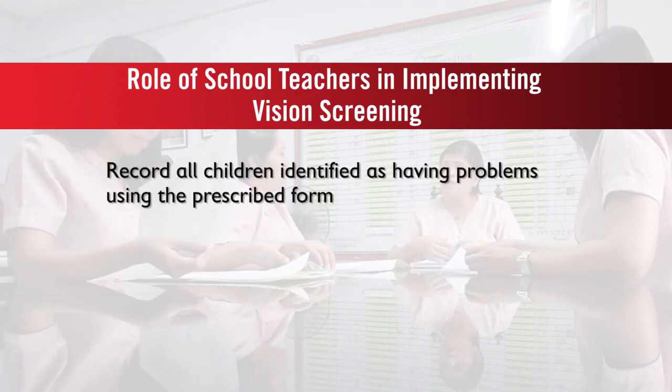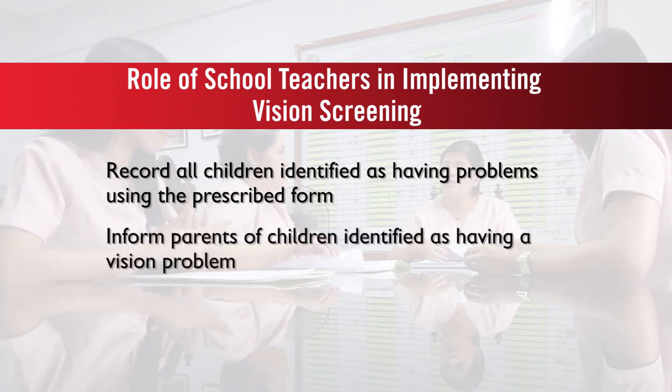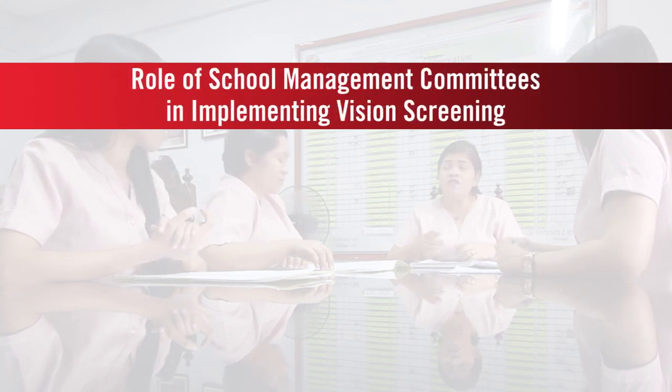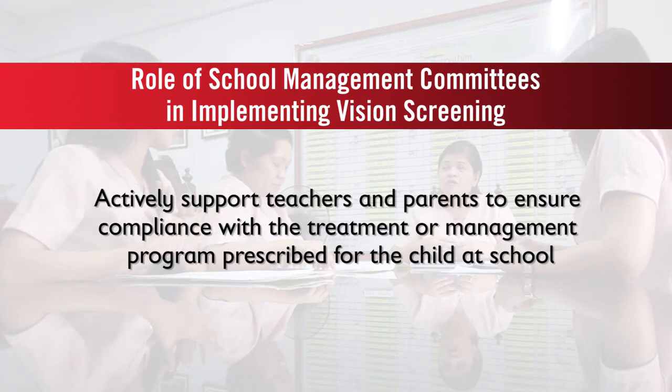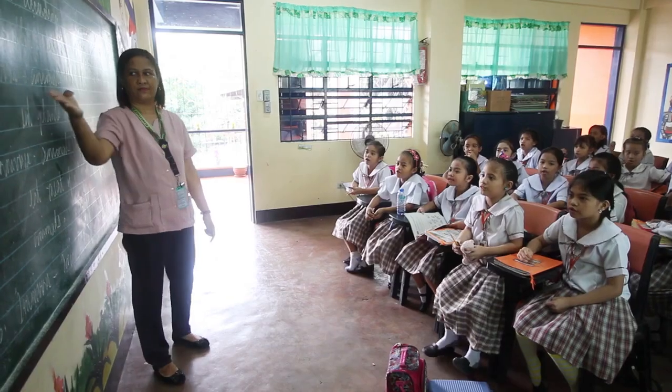With a prescribed form, teachers should record all children identified as having vision problems. It is also our responsibility to inform the parents or guardians of children identified as having vision problems. With the full support of school management committees to teachers and parents, compliance with the treatment or management program prescribed for the child at school will be ensured.